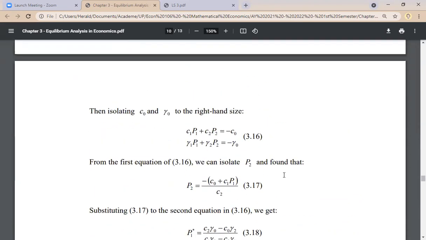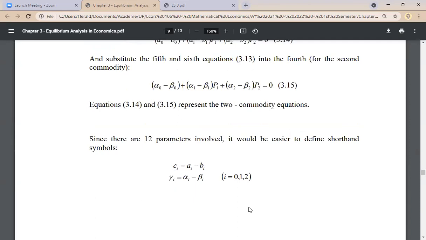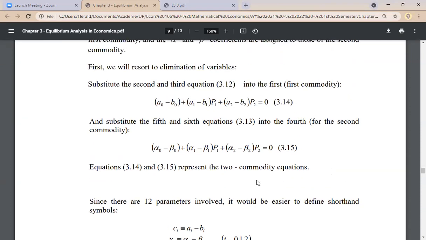When we compare this to the general parametric terms in the partial market equilibrium, the first one is quite easier to solve or to compute. In this case, it tends to get complicated just because of the parameters. But then again, the process is just the same.